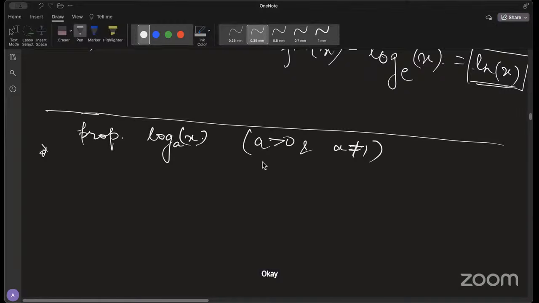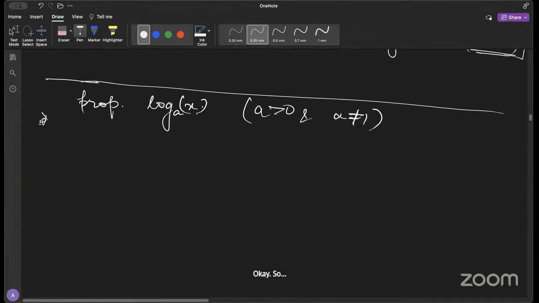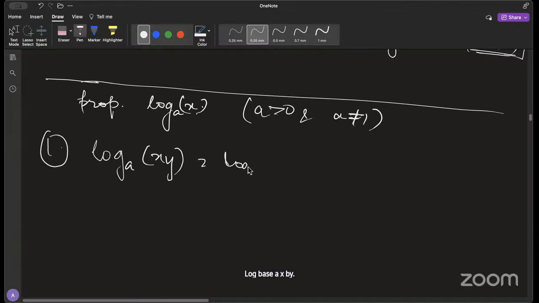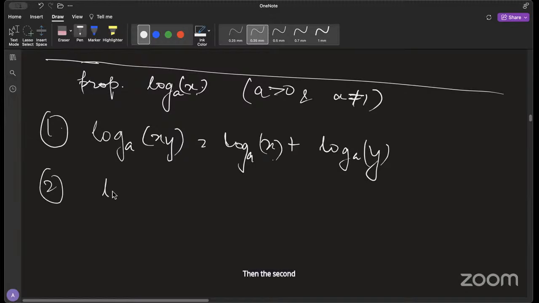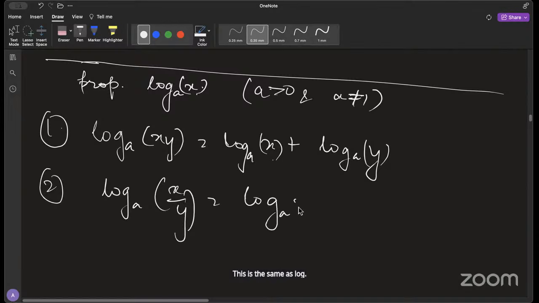Okay. So first property is this. Log base a of xy is the same as log a x plus log a y. Then the second one is log base a of x by y. This is the same as log base a x minus log base a y.